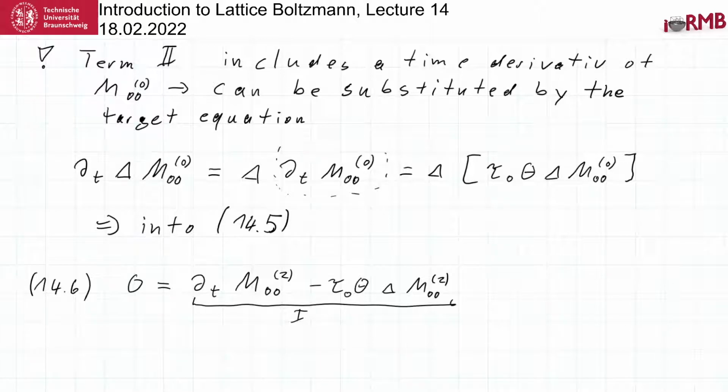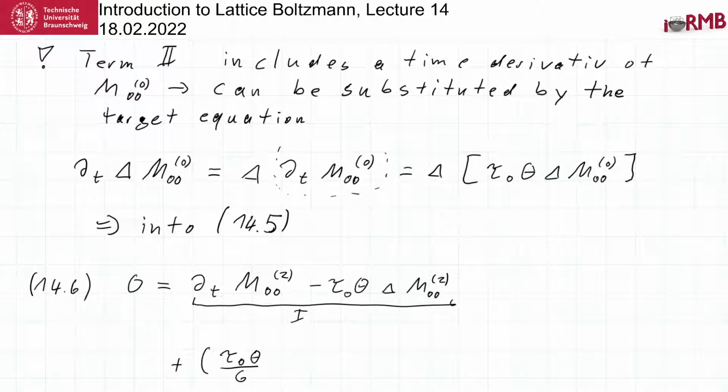And now we have replaced the temporal derivatives with spatial derivatives. We've already had spatial derivatives in term number 3, which we can now combine to get tau. So I hope I've done this correctly. Otherwise, we get stuck here.